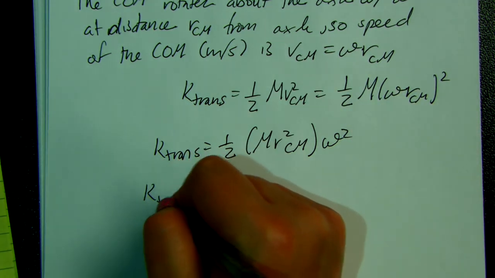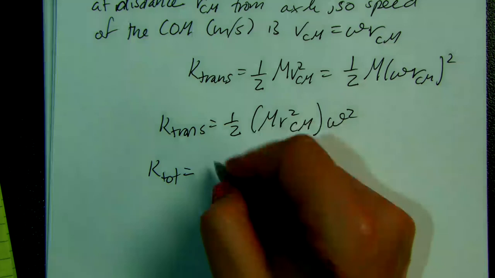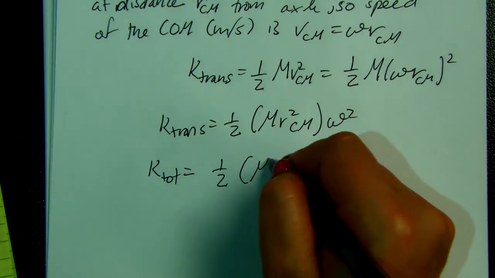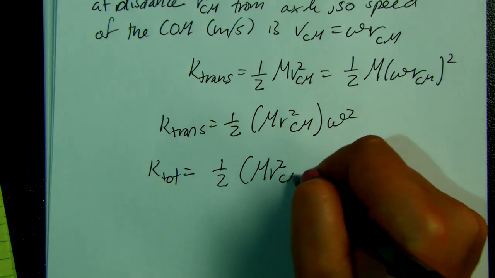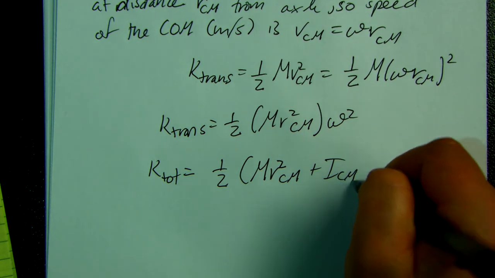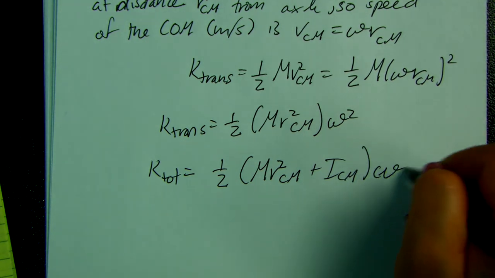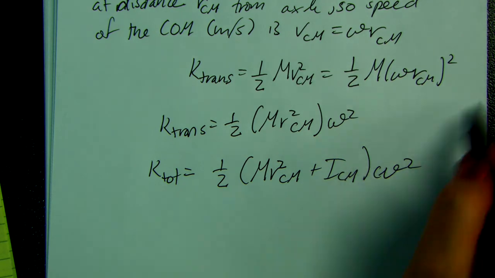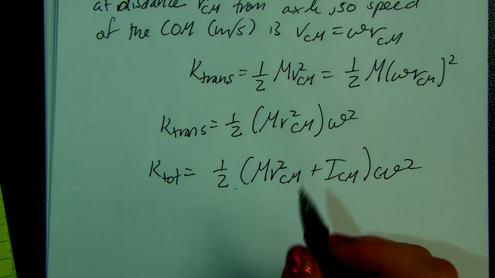K total is equal to 1/2 (m RCM squared plus ICM) omega squared. So that's why we rewrote that, so that we could get it into this pretty format here.